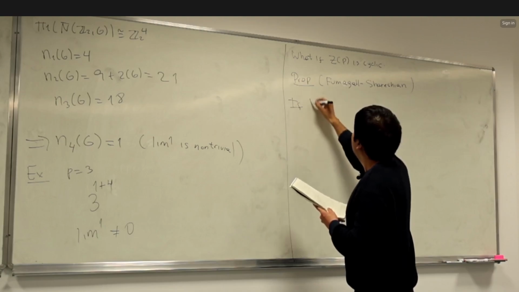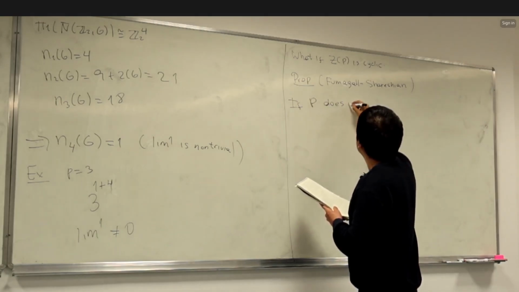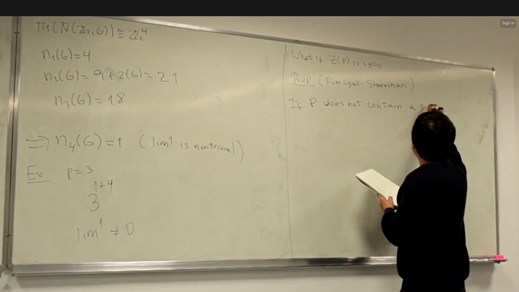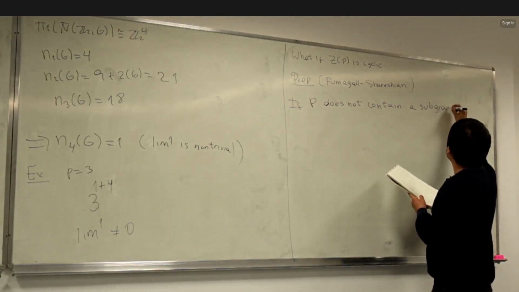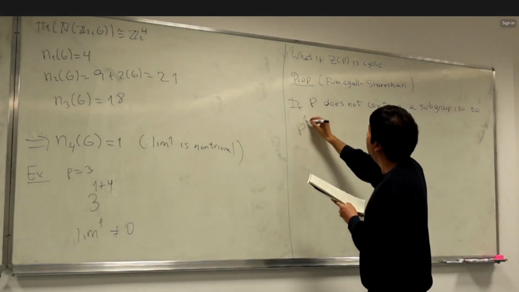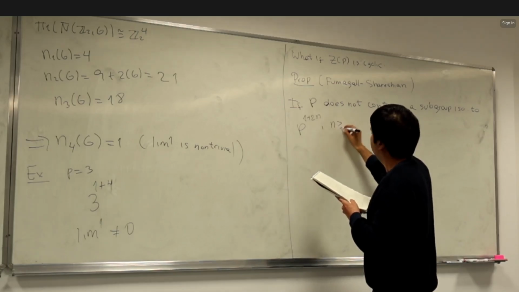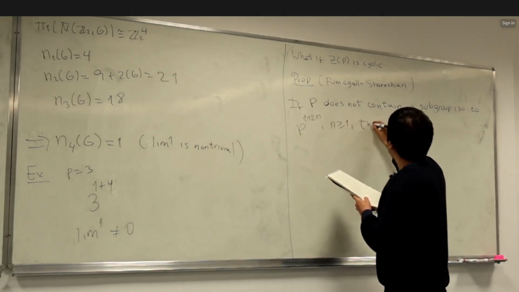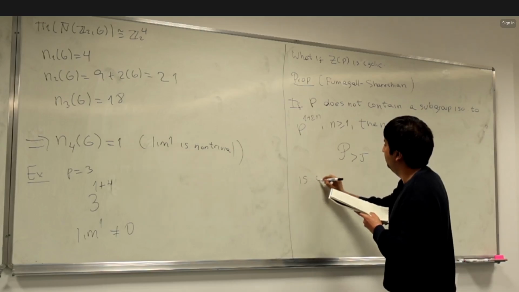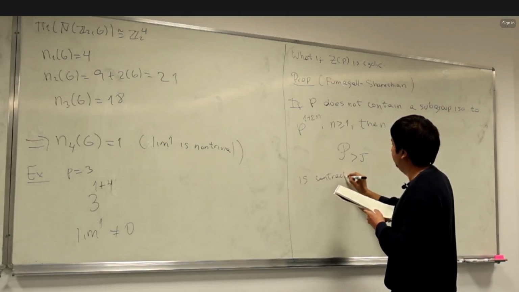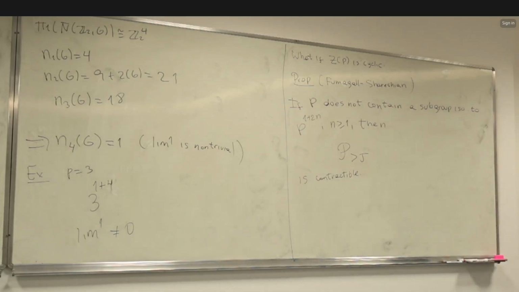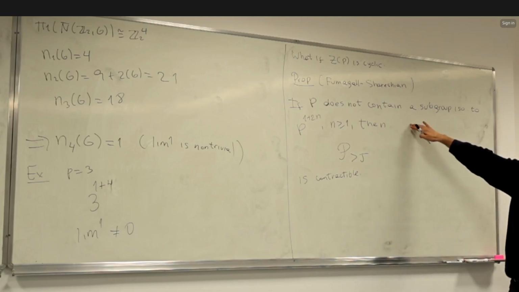If P doesn't contain a subgroup isomorphic to this extra special group, then this poset is contractible.